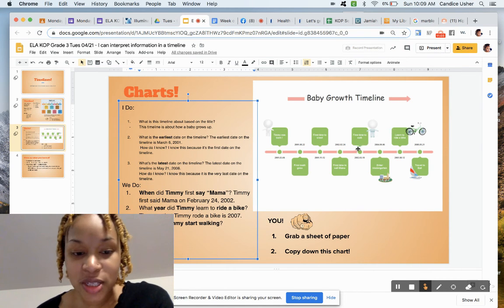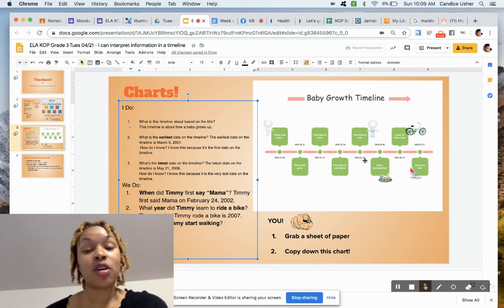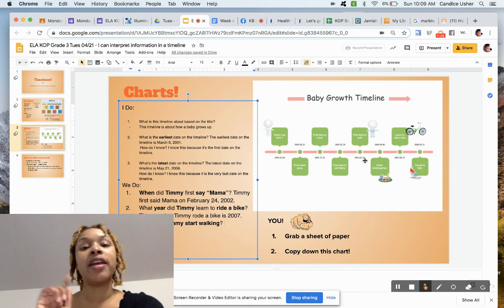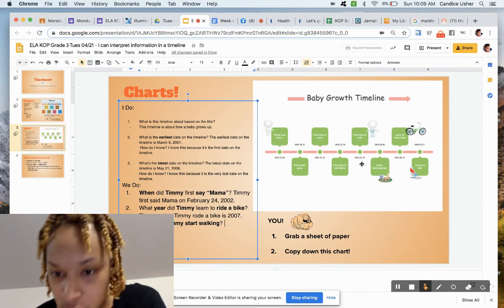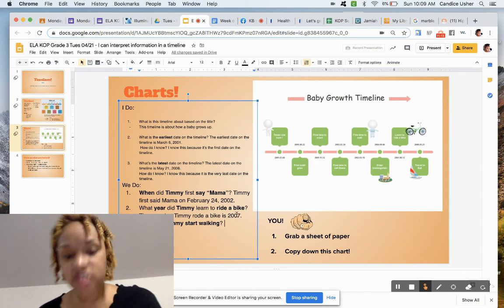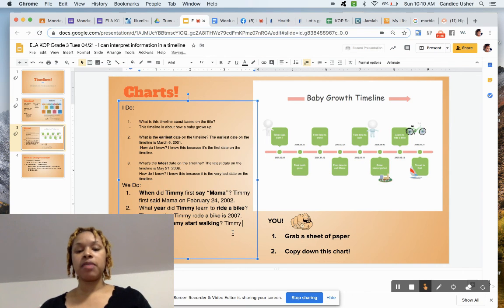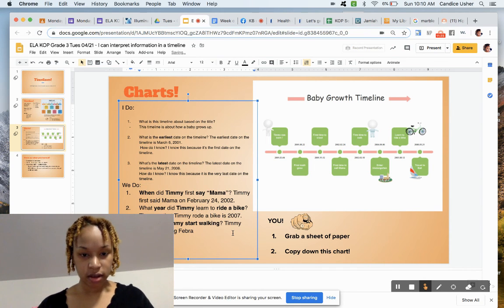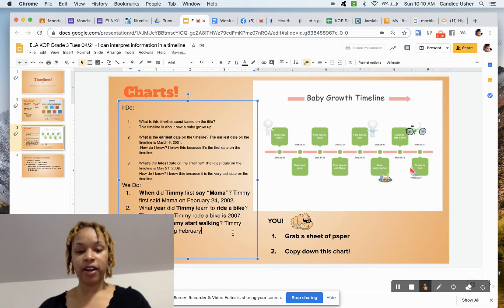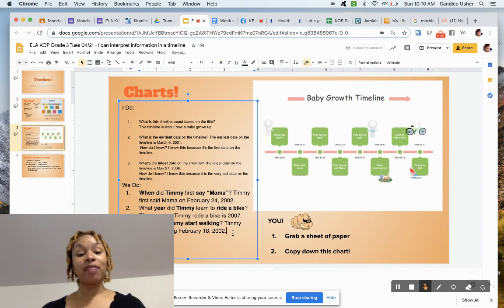So now I'm going to look for the date because the question asks for when, and I know when I have a when question, I need to either give a date or a time. So it says February 18th, 2002. So Timmy started walking February, ooh, that is so spelled wrong, February 18th, 2002. And I'm done.